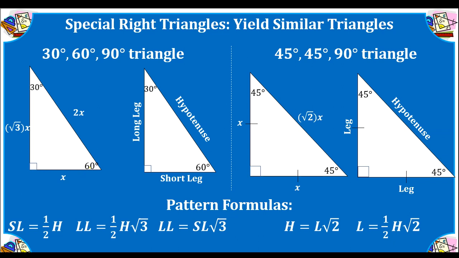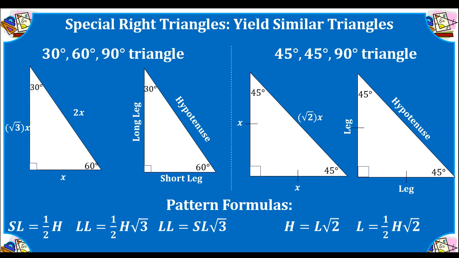60 degrees is the middle angle measurement. Therefore, the opposite side is the middle length. So x is our smallest length because it's opposite of the smallest angle.